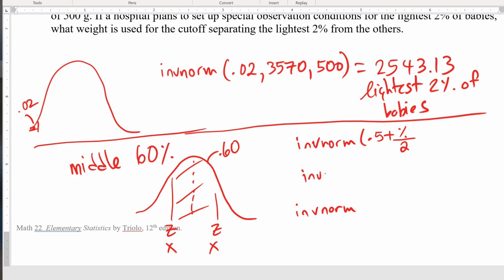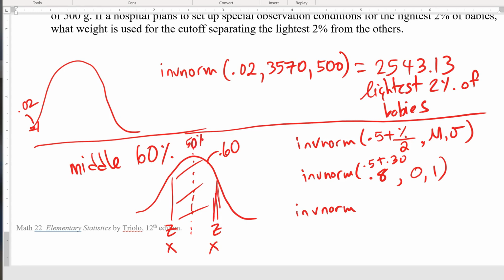So inverse norm of 0.5 plus half of that 60 would be 0.8, comma, mean, standard deviation. So if I'm doing a z-score, it'd just be 0 and 1. That's going to give me my highest percent. Why? Well, the middle, the mean, represents 50%. So if this right here is 50% of the data, then what percentage to the left is this?